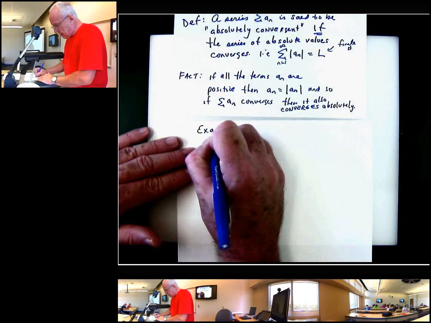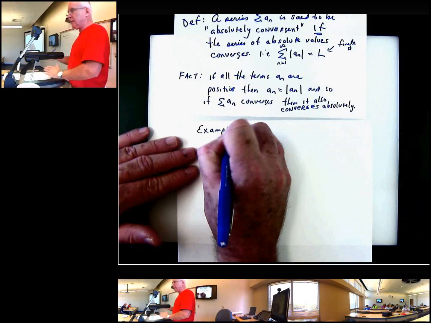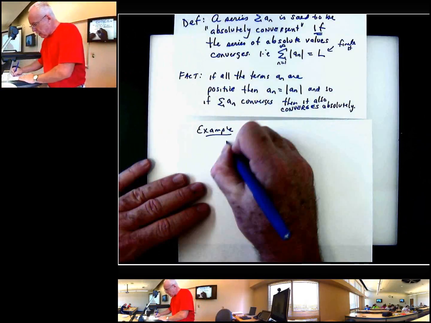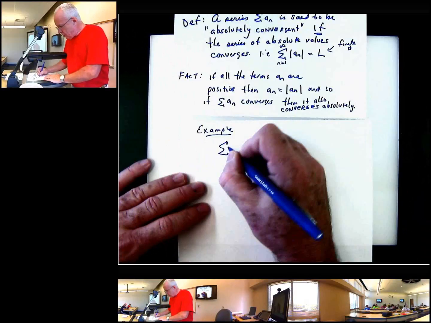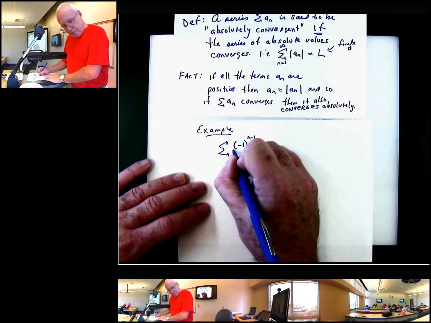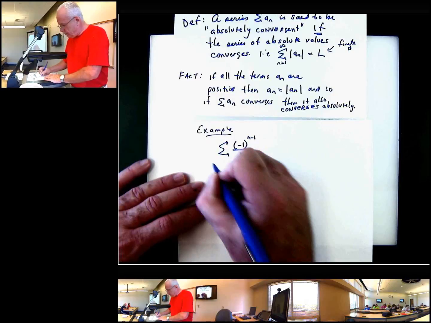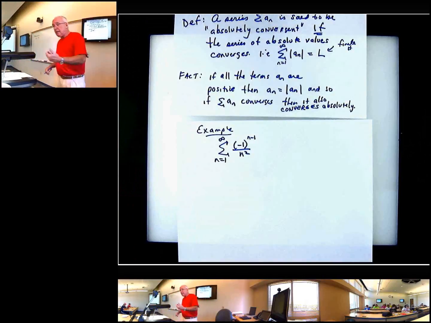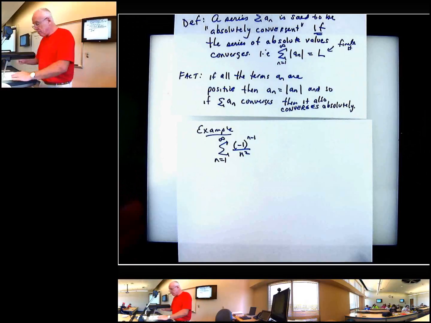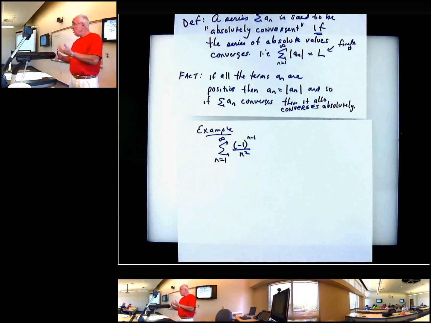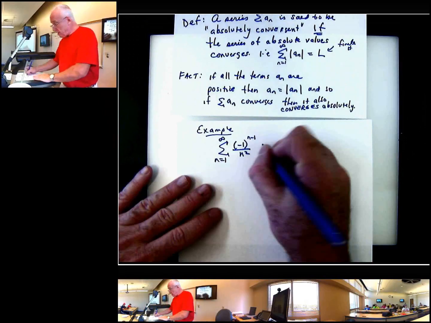And so we want to take something that doesn't have all positive terms. Let's look at the summation of (-1)^(n-1) divided by n squared as n goes from 1 to infinity. Now this is actually an alternating series, right? We have the minus 1 to the power, so the terms alternate between positive and negative. Let me write a few of the terms out.